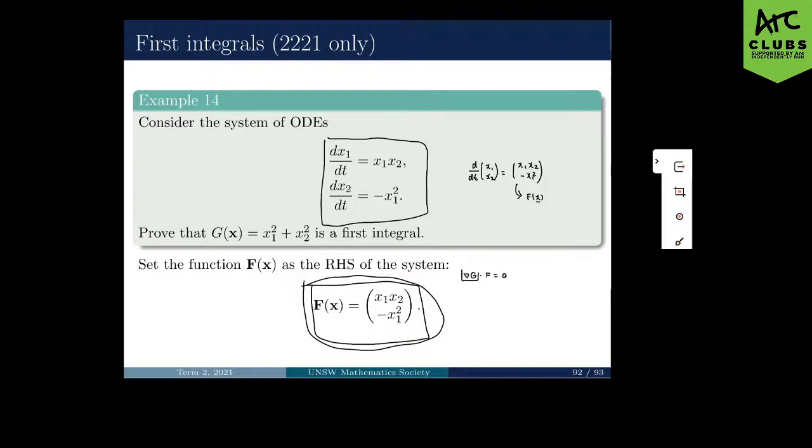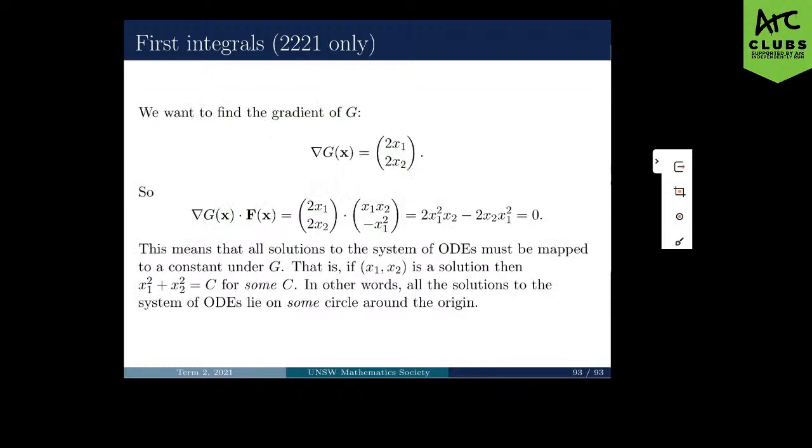So to do that, we need to find the gradient of g, which is given by partial g on partial x1, partial g on partial x2. So since g is equal to x1 squared plus x2 squared, then the gradient must be (2x1, 2x2).